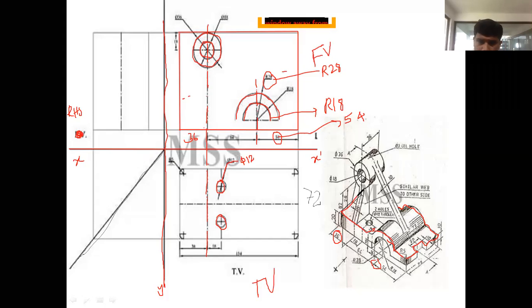From the top, this length is 154 and this length is 72.